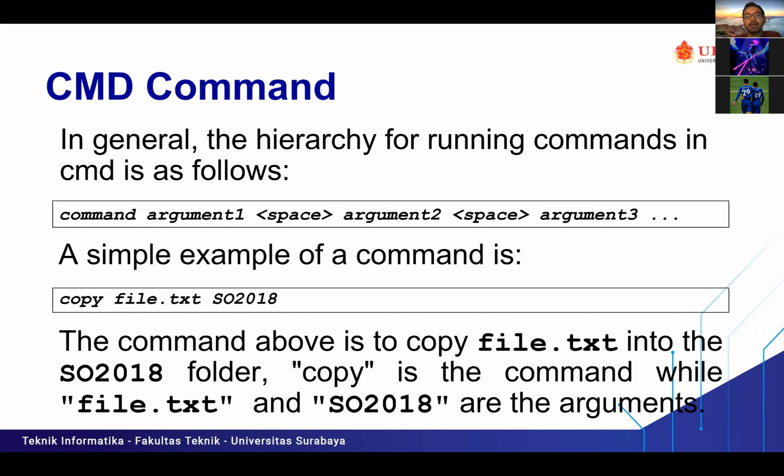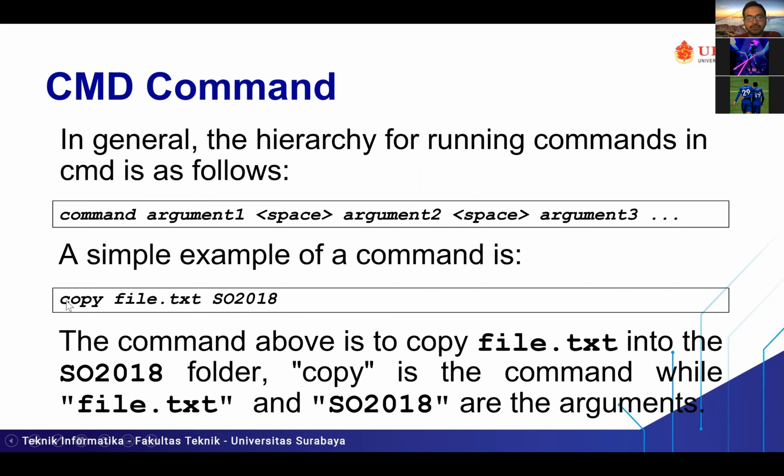For example, I want to copy a file. Maybe I have a file, and the name of that file is file.txt. I want to copy file.txt to the OS 2018 folder. So this is the command.